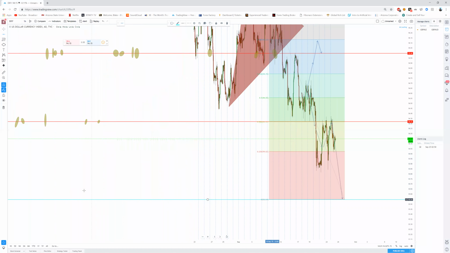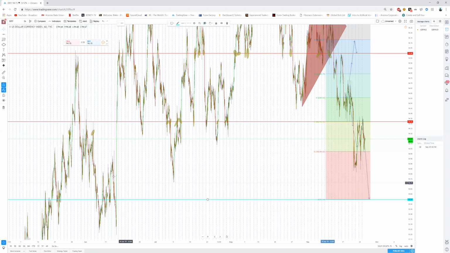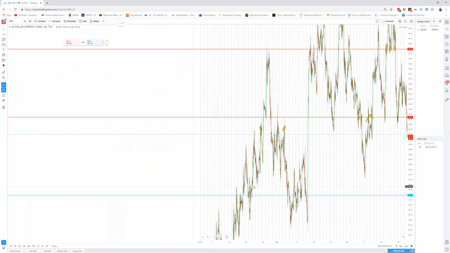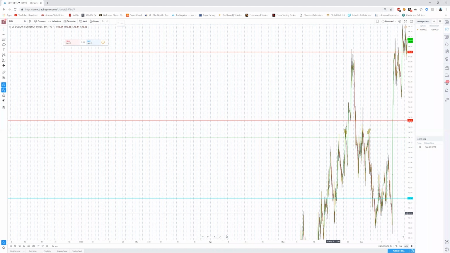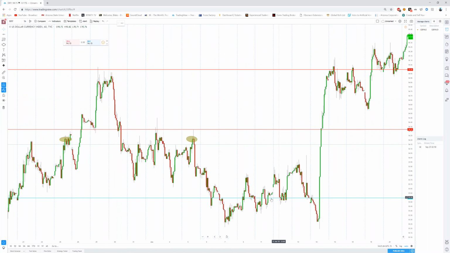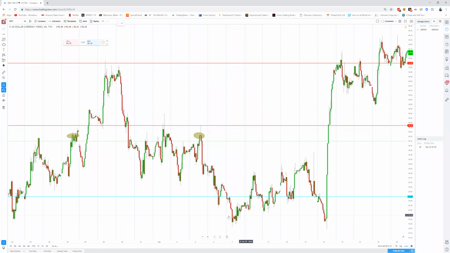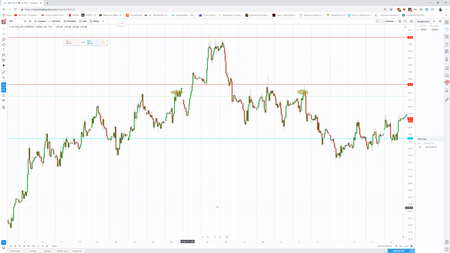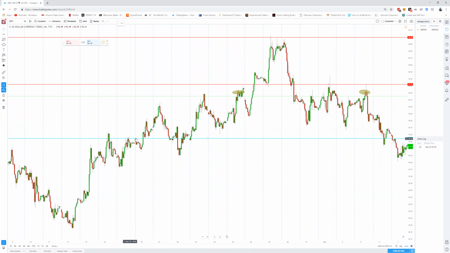And let's go ahead and see on past data if this is a valid price reversal point. So again, it's this blue line that we're looking at here. We can see that right there. That's good.